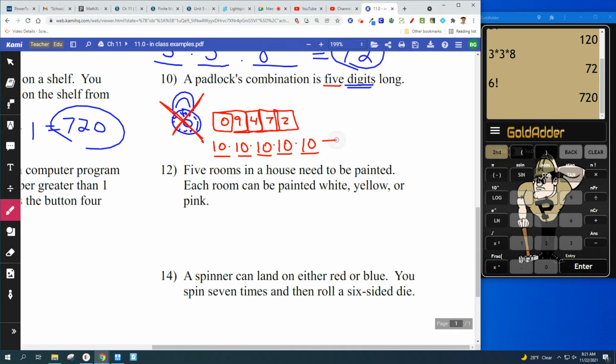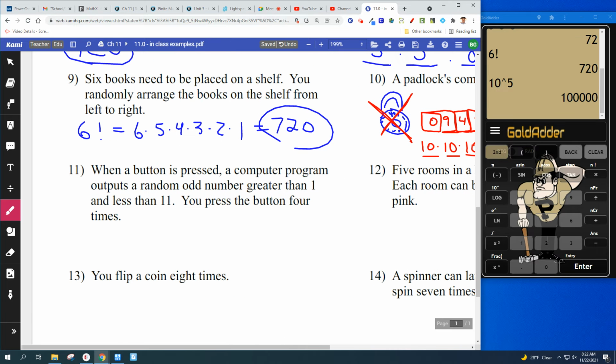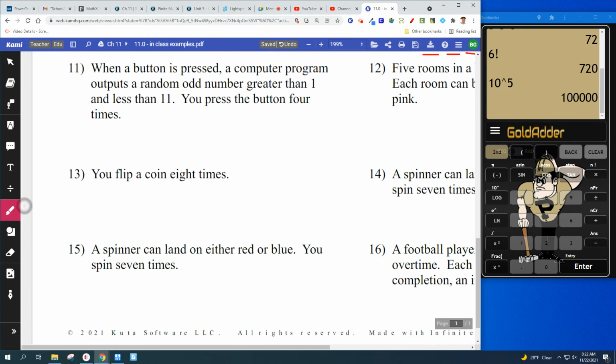So the shortcut is 10 to the 5th power, 100,000. I'm all about shortcuts.